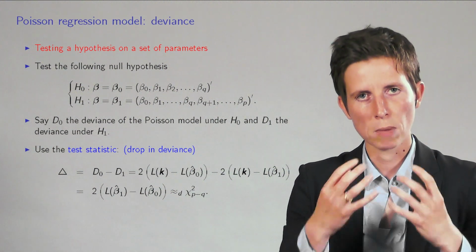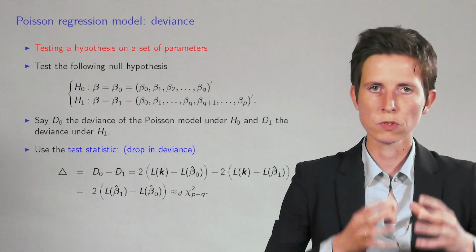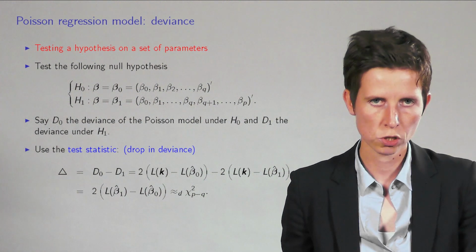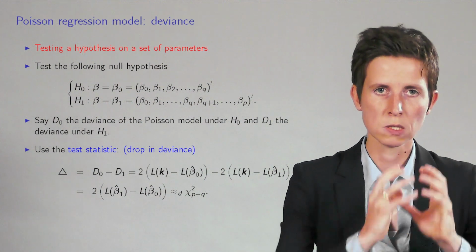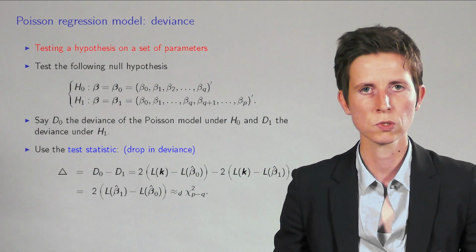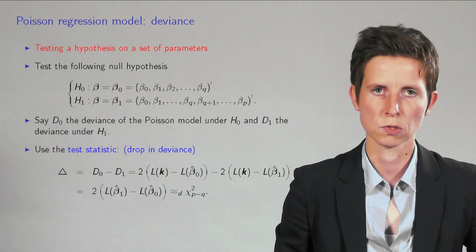Using results from mathematical statistics, one can show that the drop in deviance test statistic follows a chi-square distribution with p minus q degrees of freedom. And recall that this p minus q is the number of regression parameters which were put equal to 0 in our null hypothesis.